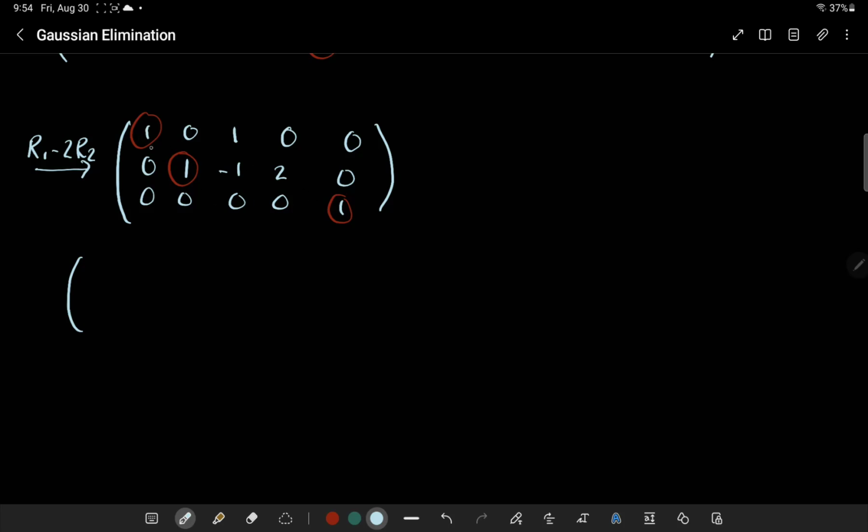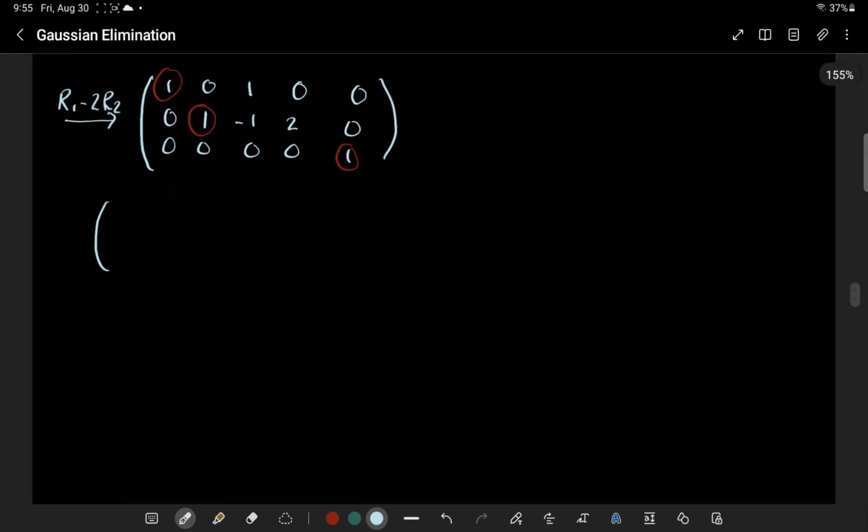That is just to illustrate that the pivots don't have to be in a diagonal. They can actually move around, and the reduced row echelon form of the matrix is not going to change regardless of how you proceed. If you get the reduced row echelon form, you're always going to get the same thing.